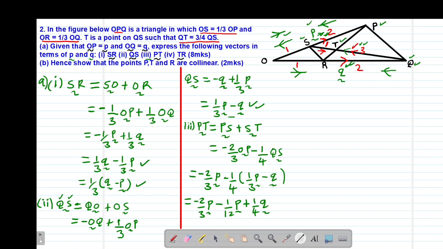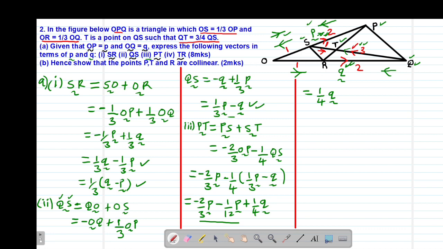Here we have some like terms. Let me separate the working space. You can see here we have some like terms: negative 2 over 3 P, then minus 1 over 12 P. If I start with the positive value, let me start with a quarter Q. So this will be positive a quarter vector Q. Then negative 2 over 3 minus 1 over 12.